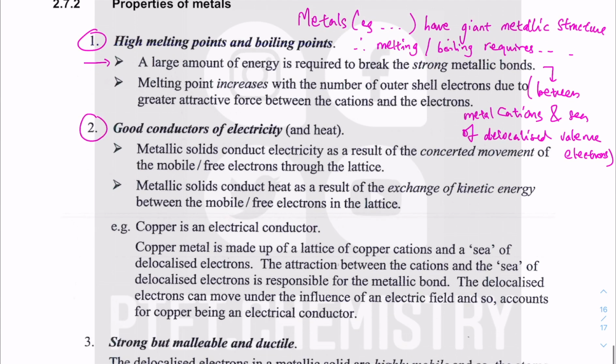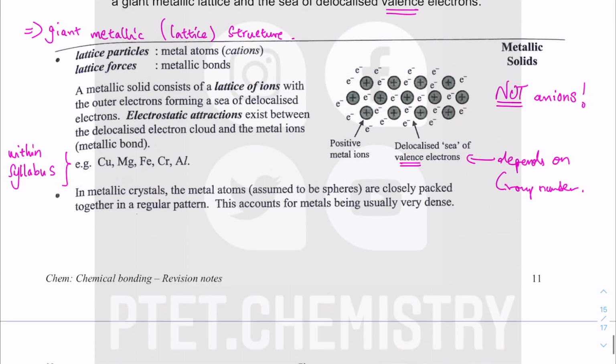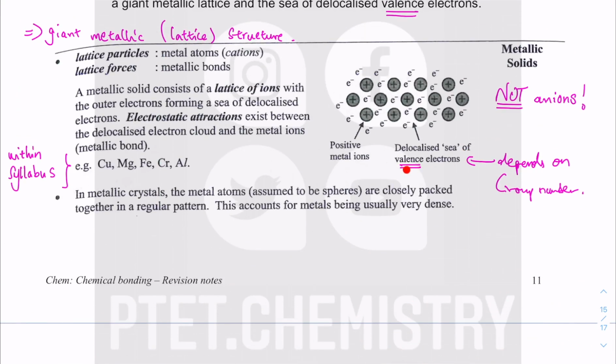The other thing is also being a conductor of electricity and heat. Metals are good conductors of heat and electricity, and they always like to ask why metals can conduct electricity. If you think back on the structure of metals, what do you have? You have a sea of delocalized valence electrons. Delocalized means not localized.